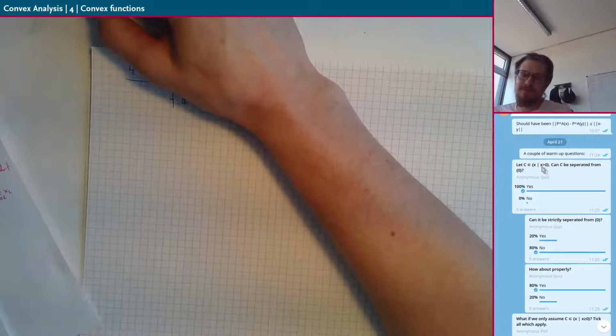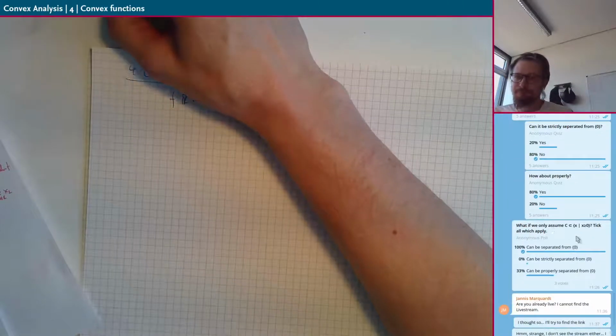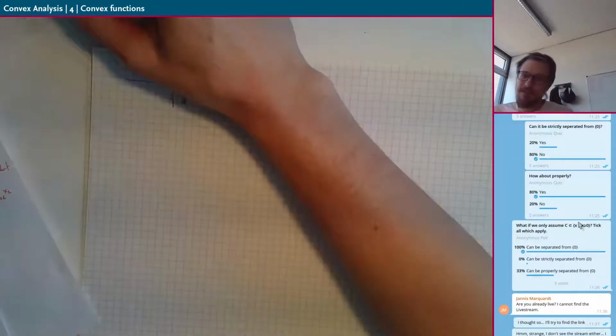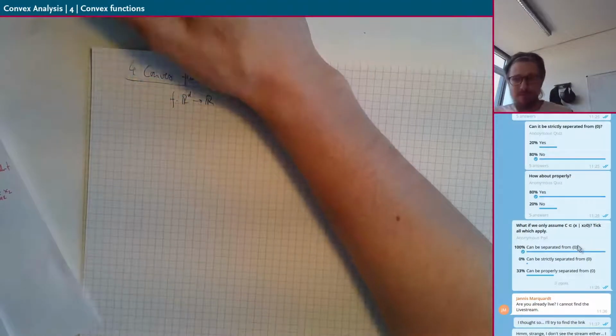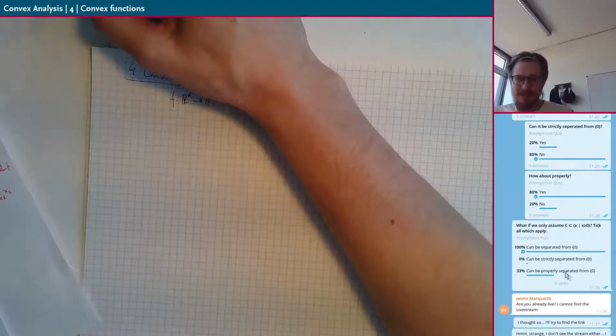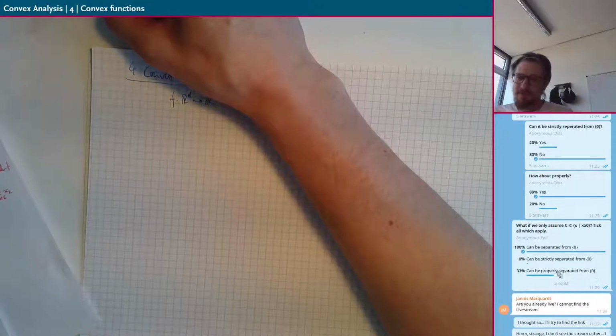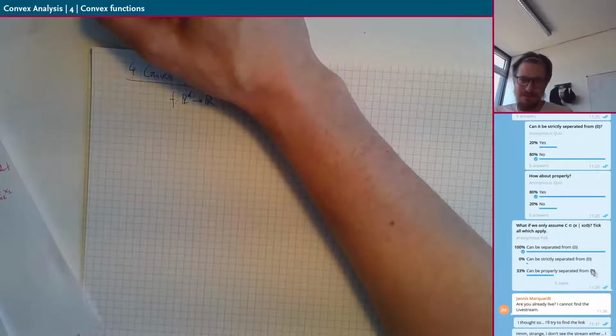The inner product here is 0, and the other is strictly positive. And if we assume that 0 may even be contained in the set X, then we still can separate, of course, but proper separation may not be true anymore. So this last option is actually not true. This is also not true, because C may then be the same set, just containing 0, and then you can properly separate them.